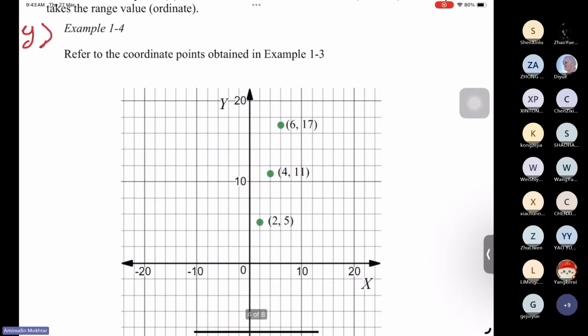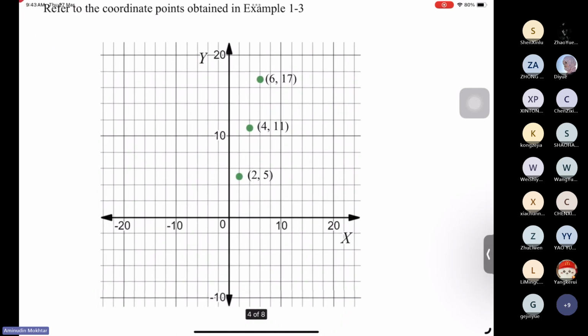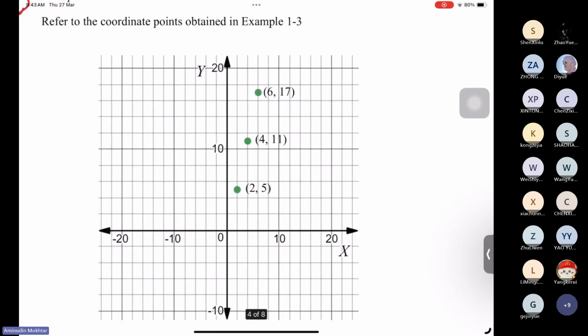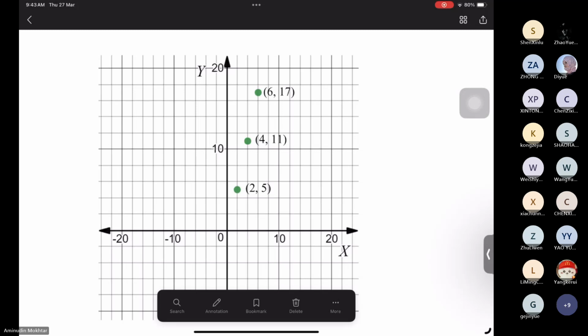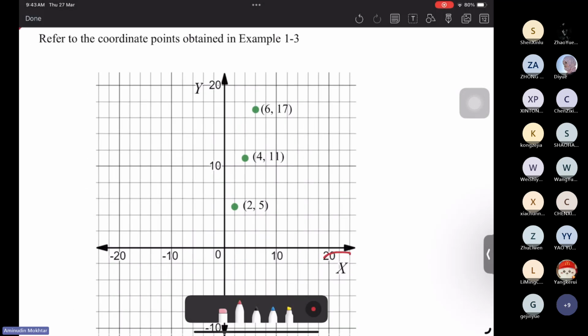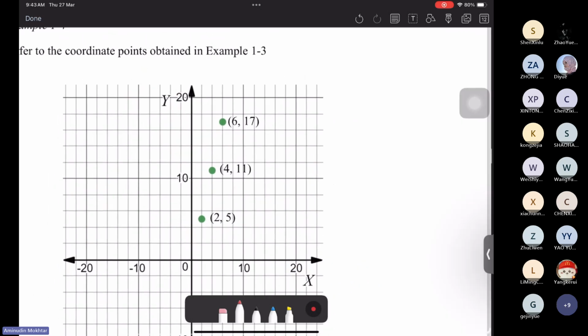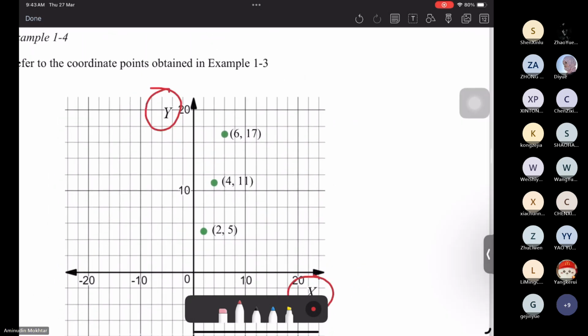Okay. The coordinate point can also be plotted in a graph. For example, we have this graph, these axes. We have an x-axis here. The horizontal line is for x, for input. The vertical line is for output, y.